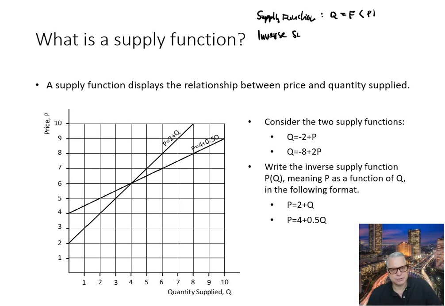So the inverse supply function writes the supply function when we put P to the left side of the equal sign, and then we report everything as a function of Q. Okay.